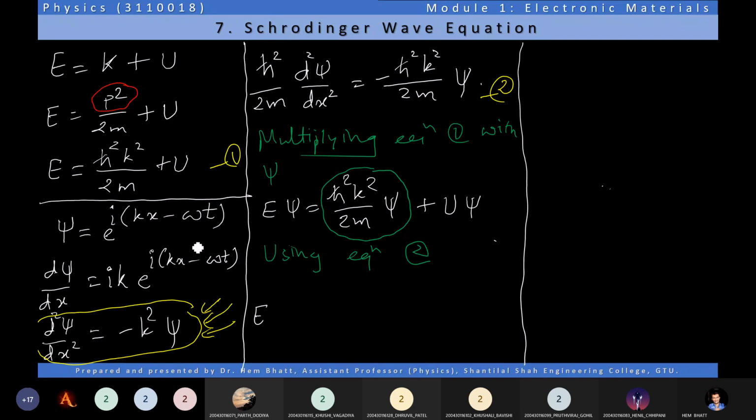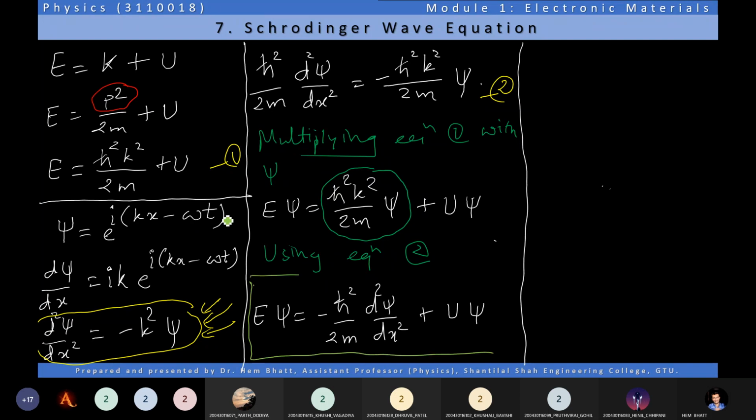I can write E psi is equal to minus h cut square by 2m d2 psi by dx square plus u into psi, and this is the Schrodinger wave equation for the given particle. If we are talking about an electron, this is the Schrodinger wave equation of the electron; if talking about some other particle, it is the Schrodinger wave equation of that particle. This is the Schrodinger equation for the particle which you have considered.